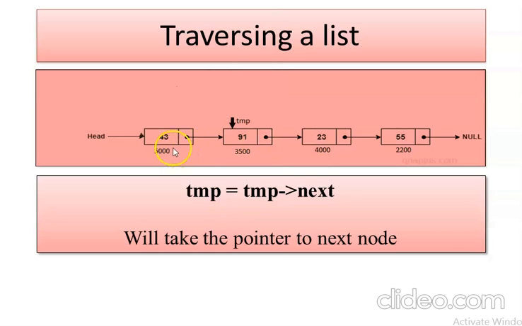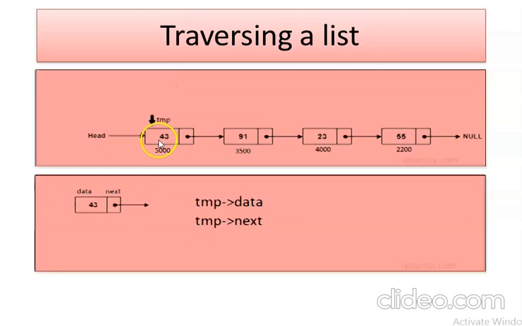I'll repeat. If TMP is the name of this node, then its fields are TMP arrow data and TMP arrow next, as shown here. The values will be 43 and 3500. Values here will be 91 and 4000. From where did I get 4000? From this one only.